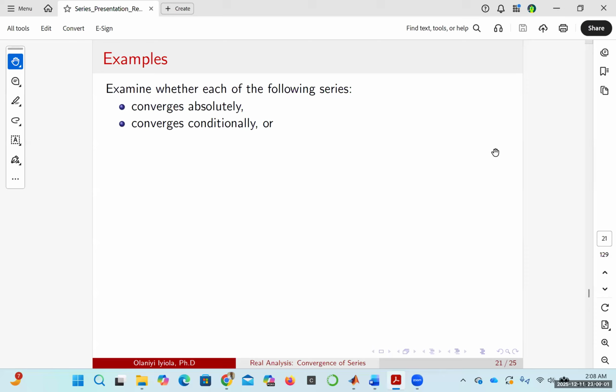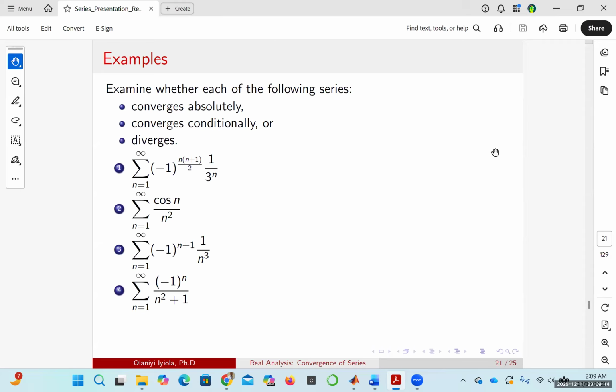So if a series converges but does not converge absolutely, we say it converges conditionally, or it doesn't even converge at all. I'm going to be looking at 5 different examples in this case, and this list is not exhaustive. There are so many questions in my worksheets that students can lay their hands on and practice more problems.